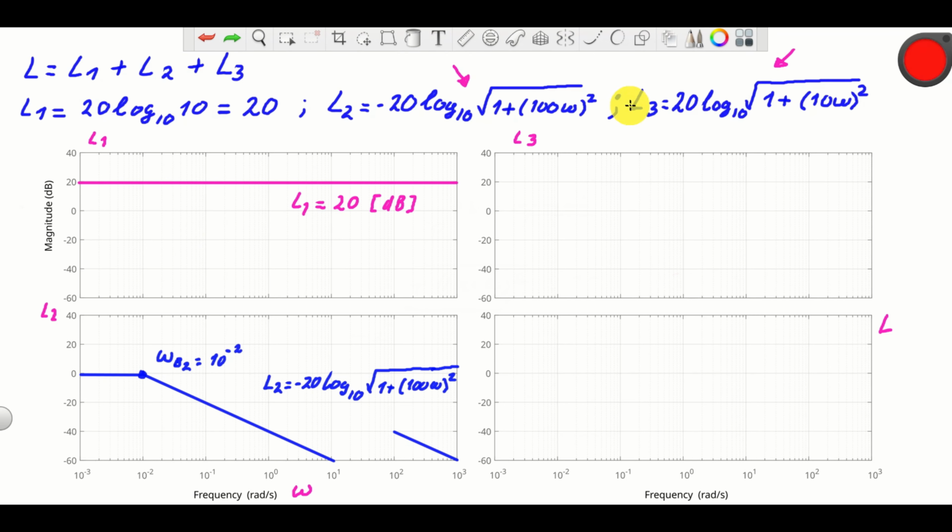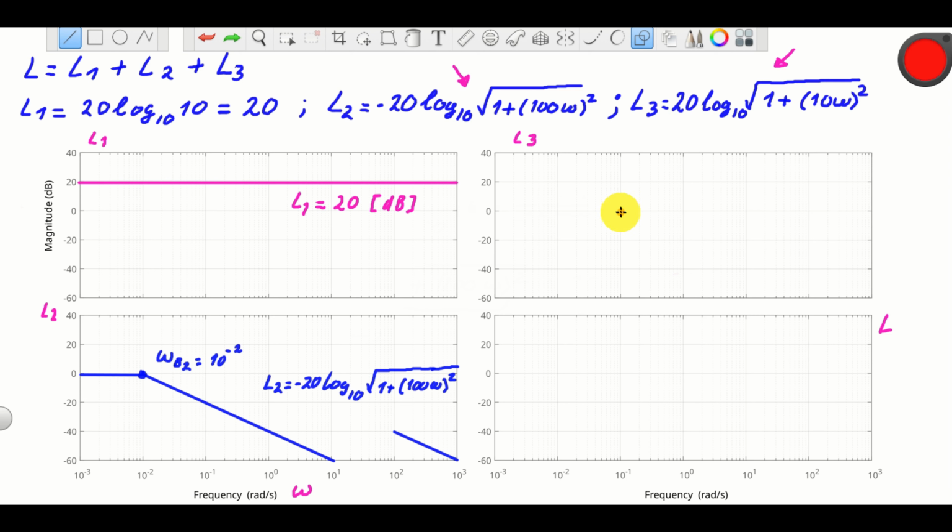We repeat the same procedure for L3. The first step is to identify the break frequency. Over here, the break frequency is at 10 to the minus 2. Consequently, the break frequency will be here. Okay, now, for omega values much smaller than the break frequency, we can actually approximate this function by its asymptote, and here it is.